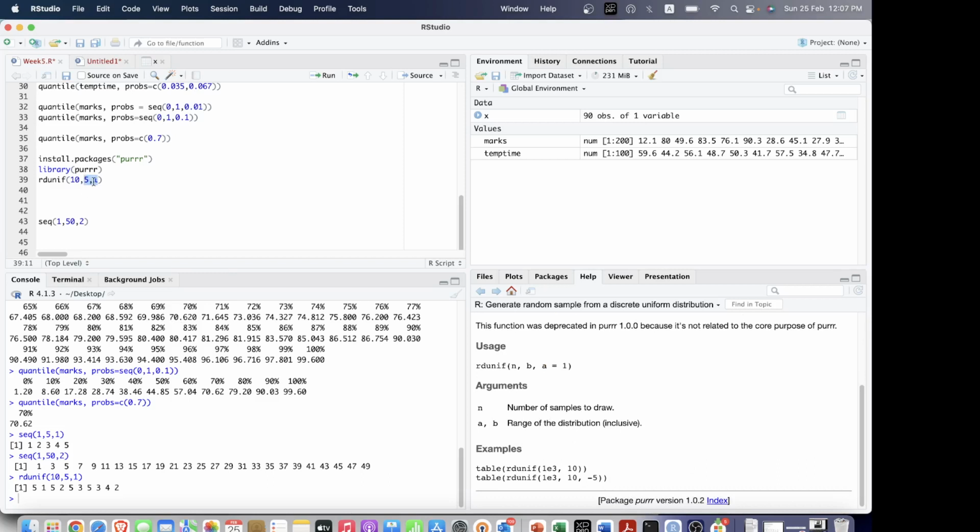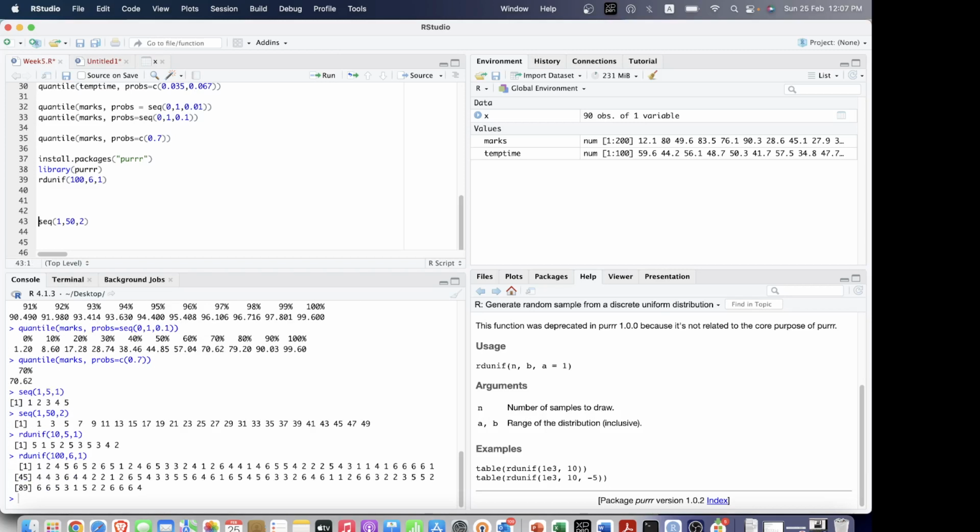So if we want to simulate the throw of a die 10 times or 100 times, and find out what the outcomes could be, we can just run this rdunif command.